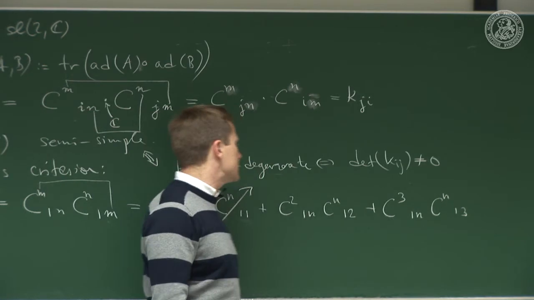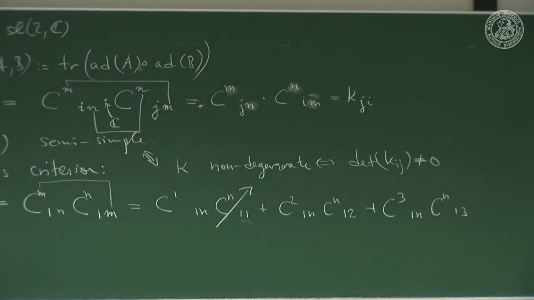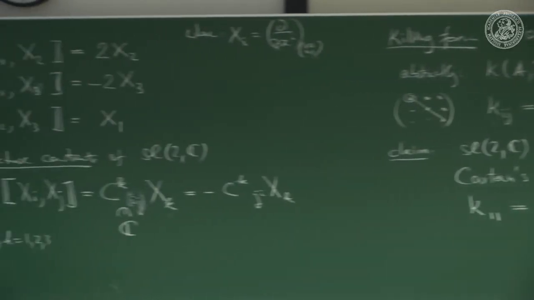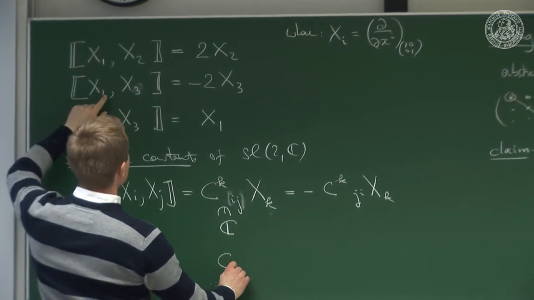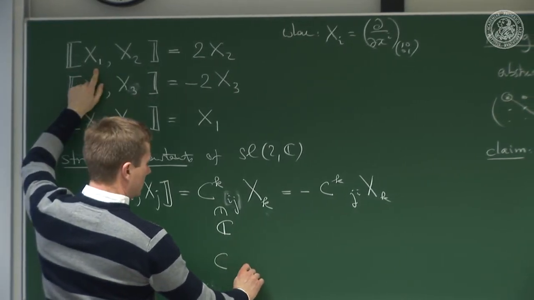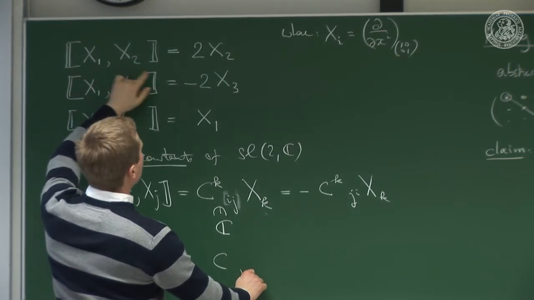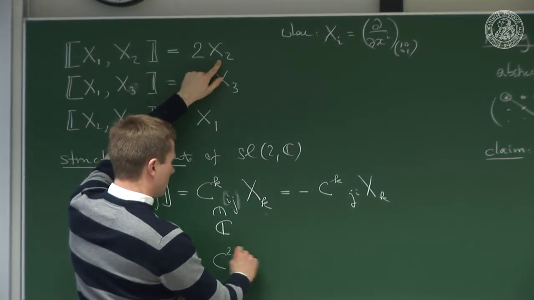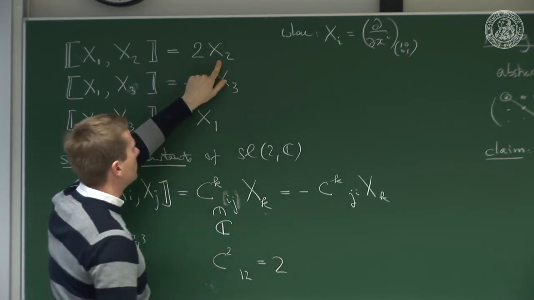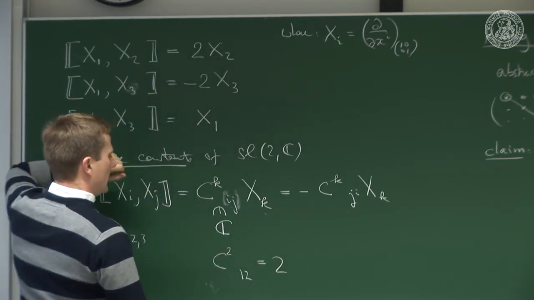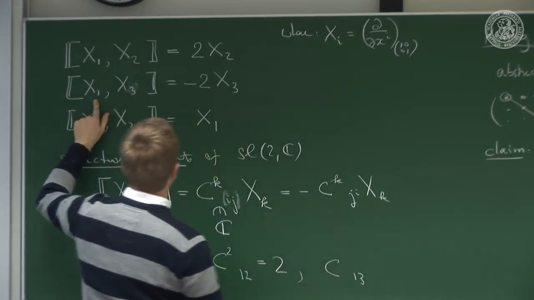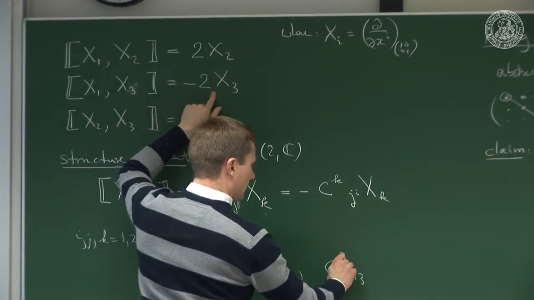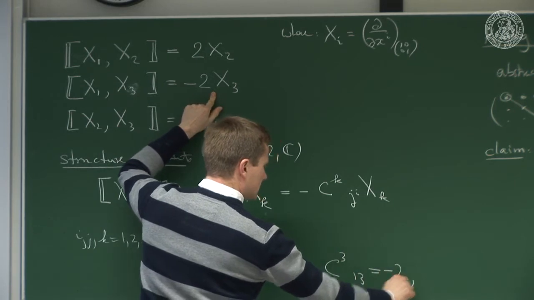These terms stay. But now if we look at the structure coefficients we have, what are the non-trivial structure coefficients? We have C1 2, that's this one, only has the 2 component, and that is 2. Okay? Then we have here the C1 3, only has a 3 component up here, that's minus 2.